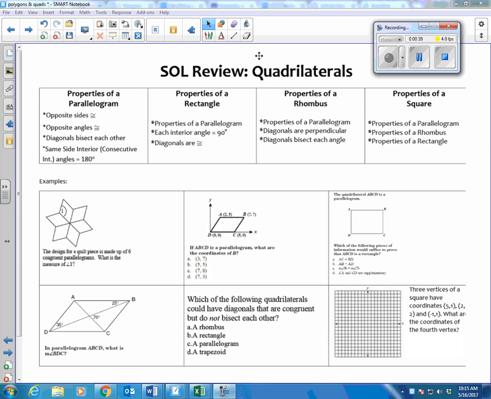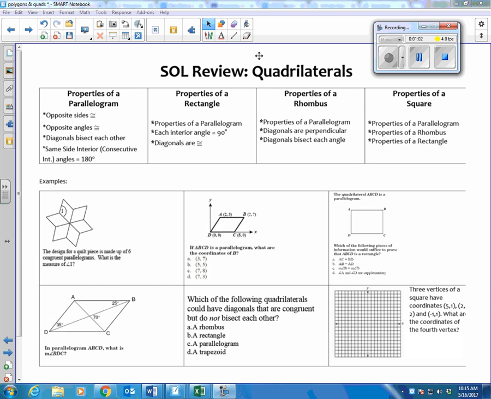Okay? The properties of a rectangle: it has everything that the parallelogram has, and also all the interior angles are equal to 90 degrees, and the diagonals are congruent. So not only do the diagonals bisect each other, they're also congruent. Properties of a rhombus.